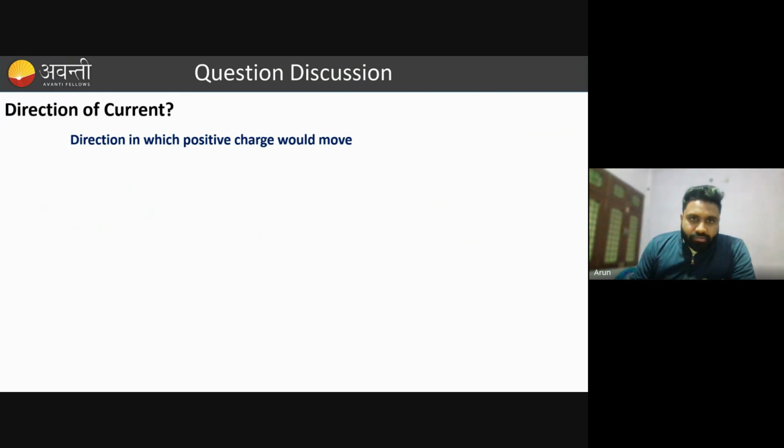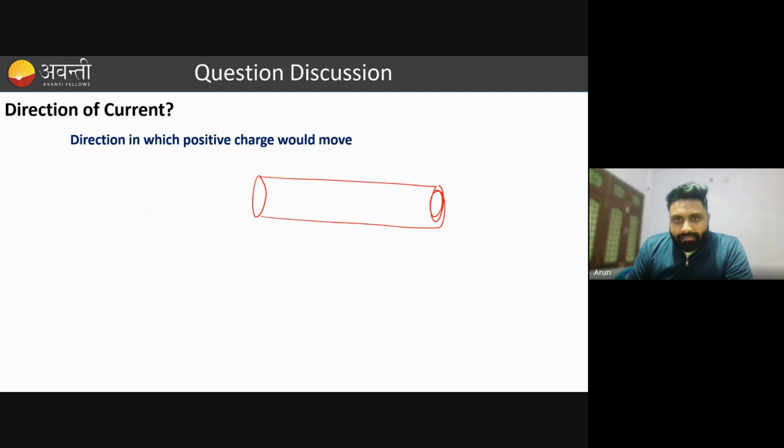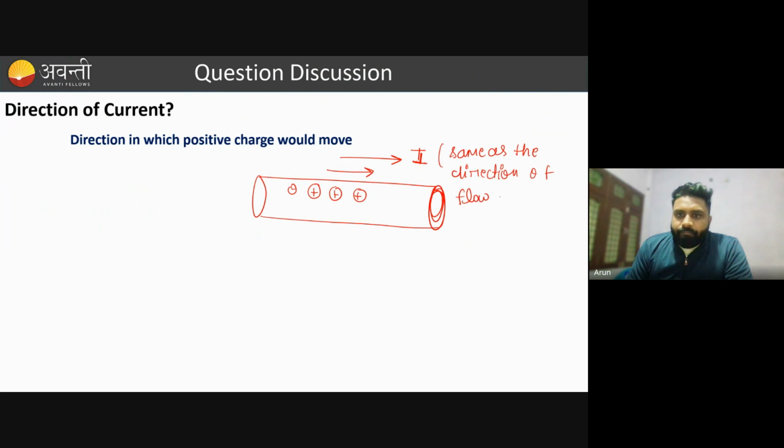So if this is the conductor wire we have, and the positive charge is flowing in this direction, then the direction of current will be the same as the direction of flow of positive charge.